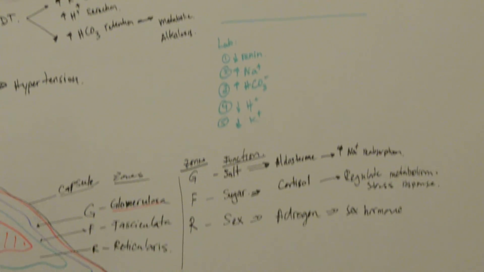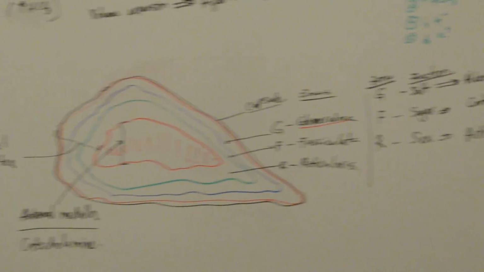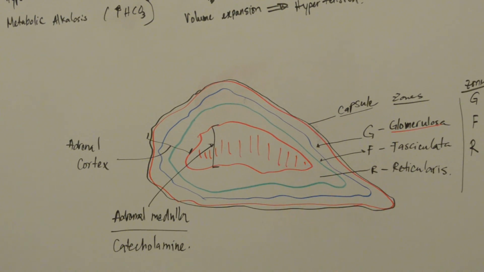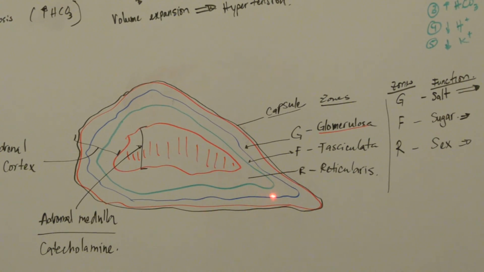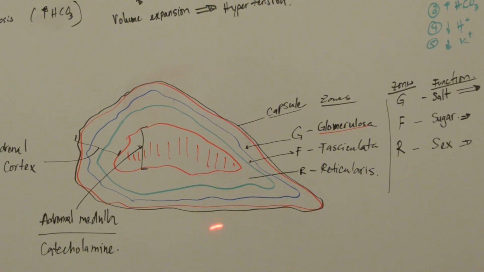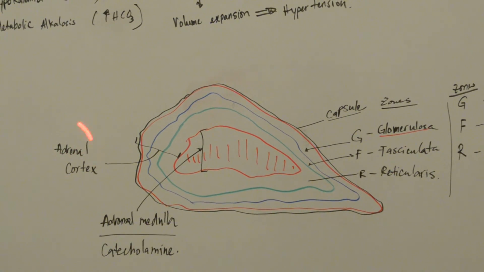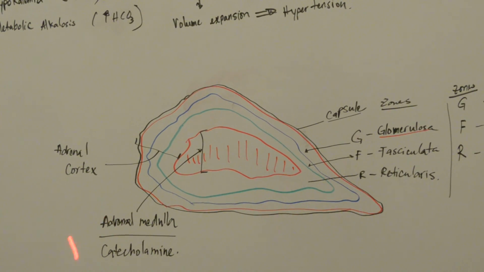Okay, so now let's look back here. We see the adrenal gland right there. We have the capsule right here, the capsule that goes around the adrenal gland, a little layer that wraps around the adrenal gland. The adrenal gland is divided into the adrenal cortex and the adrenal medulla right here.